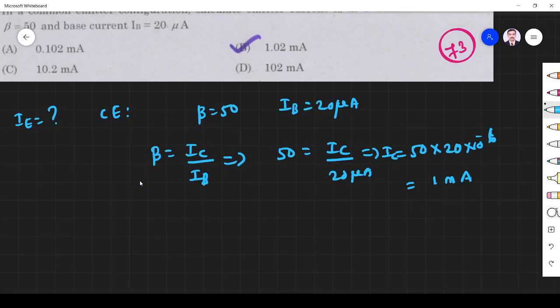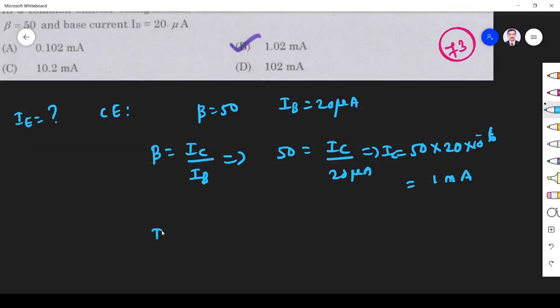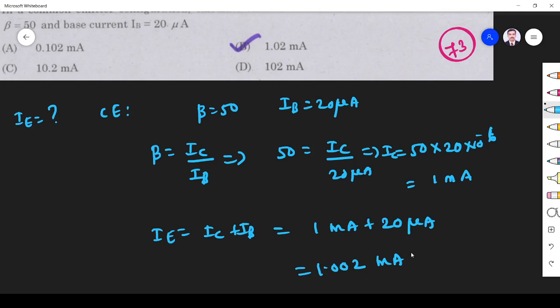Fine. So what they ask is IE. IE is equal to IC plus IB. IC is 1 milliampere, IB is 20 microamperes, that is equal to 1.02 milliampere. Right. So here there is no such answer, so this is more or less the correct answer.